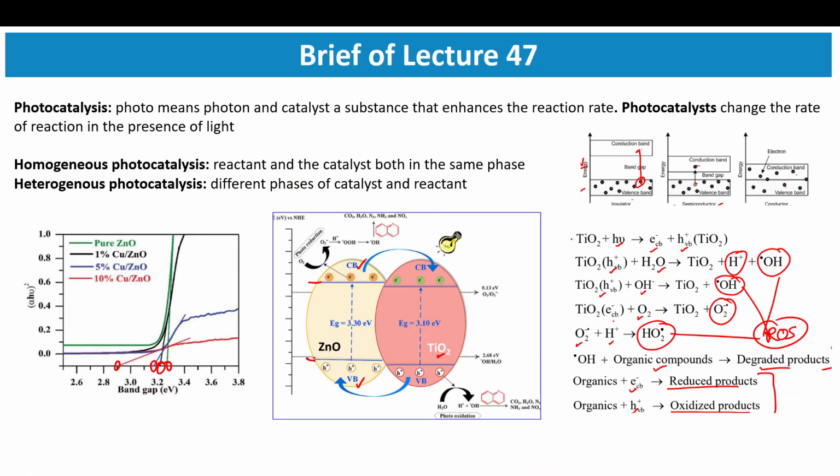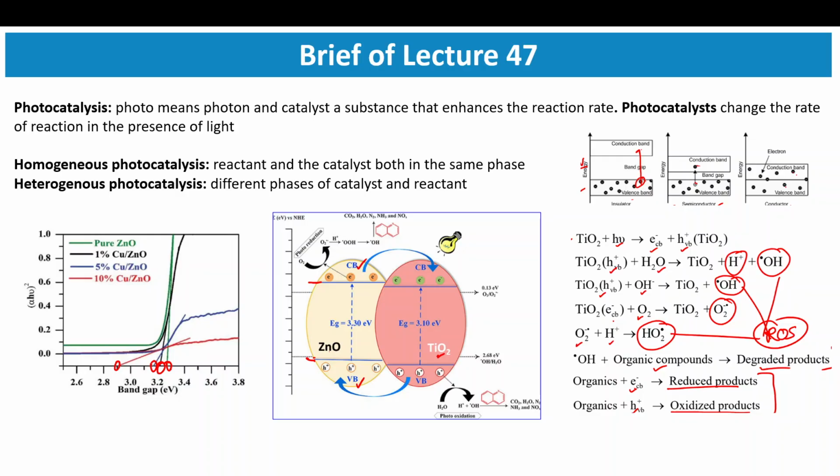Yeah, let's move forward and discuss each type of advanced oxidation process. So first is, let's say, photocatalysis. Now here, if you split up the term photocatalysis, then photo means photon and catalyst is nothing but any substance that enhances the reaction rate, right?